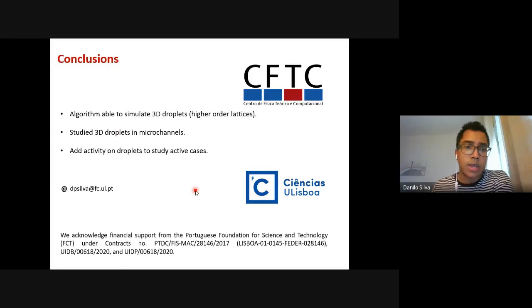So to summarize, we were able to expand our algorithm to simulate 3D droplets using a higher-order lattice. And we used this new algorithm to study 3D droplets in microchannels, where we can vary the flexibility using the surface tension and the capillary number.